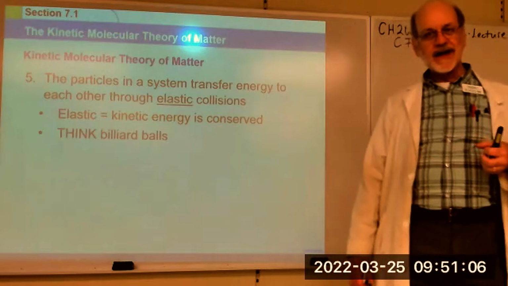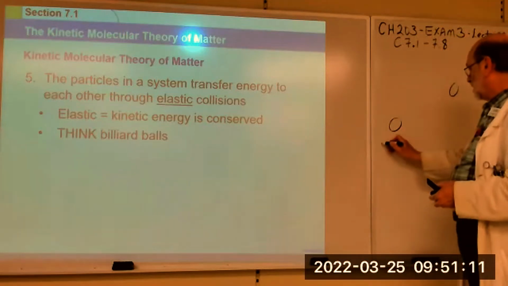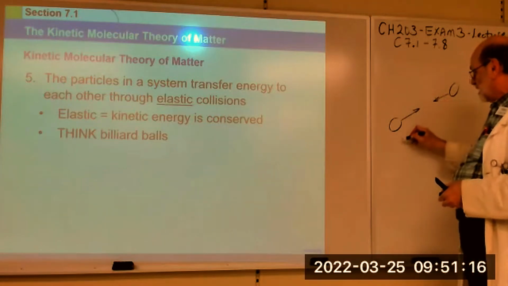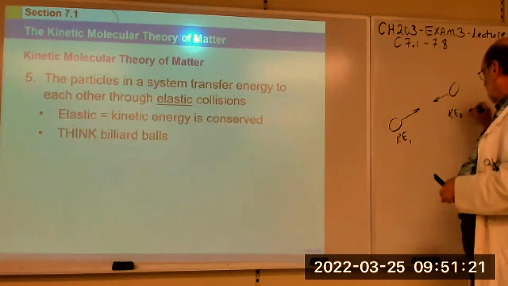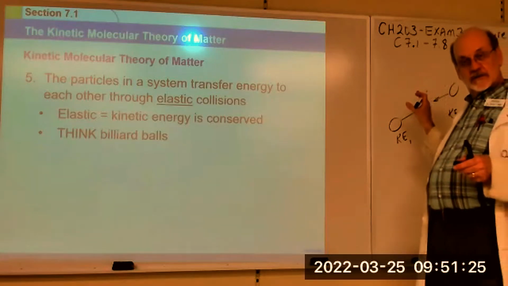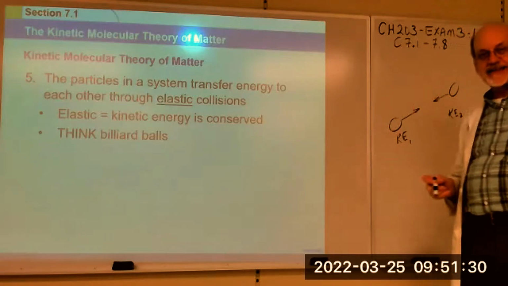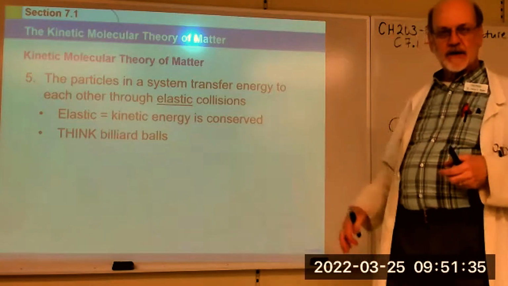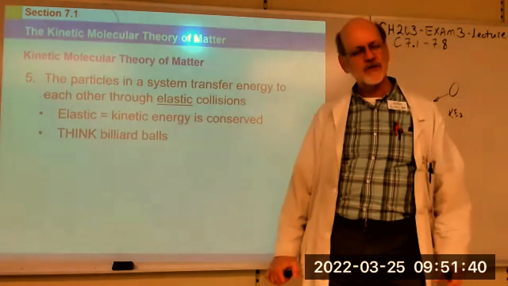That is, the total kinetic energy of these two particles, when they approach one another, like if this one's moving that way and this one's moving this way, when they collide, the kinetic energy of this one and the kinetic energy of that one, when you add them up, the total before collision is the same as after collision. That is an elastic collision, like billiard balls. Or I think they still make them, what do they call them, super balls?